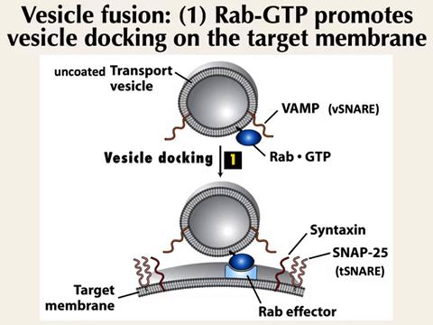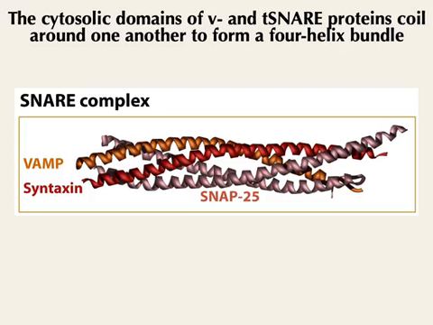Okay? So now all you need is a mechanism whereby these will come together very tightly. When people studied that, they found what you see here, a structural model of an assembled SNARE complex. That means there is both v-SNARE and t-SNARE together.